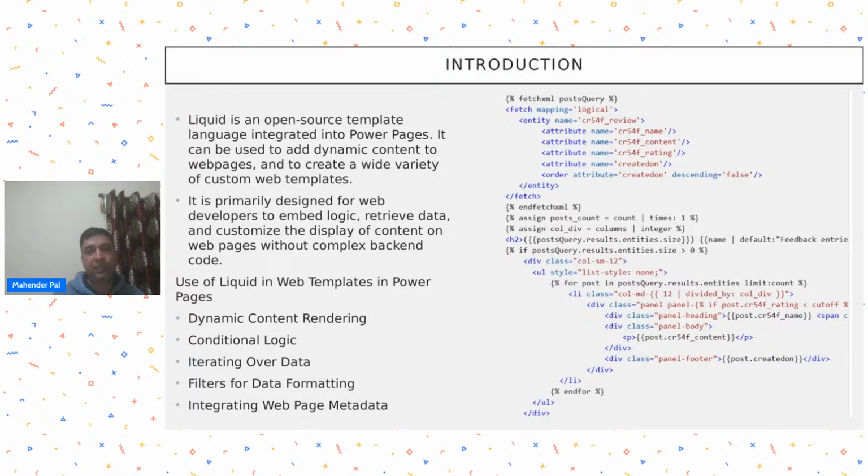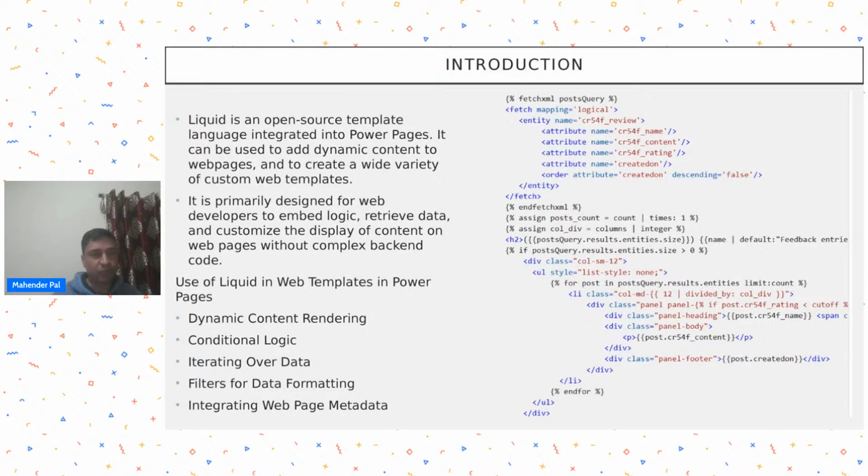We use these particular tags, and under them we put the objects, operators, and whatever else comes from liquid. All the code you see is liquid language written to bring dynamic content onto the pages using the page template.